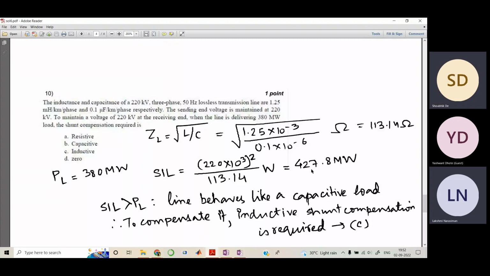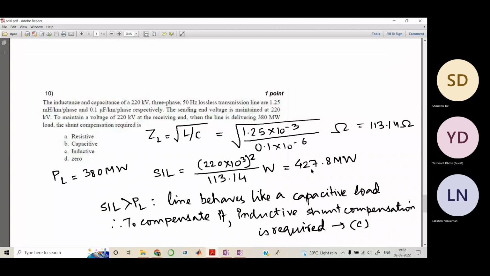The long line impedances will be converted into equivalent pi impedances, y by 2 and z, and then studied using this model. I don't know, so that was the doubt I was having.